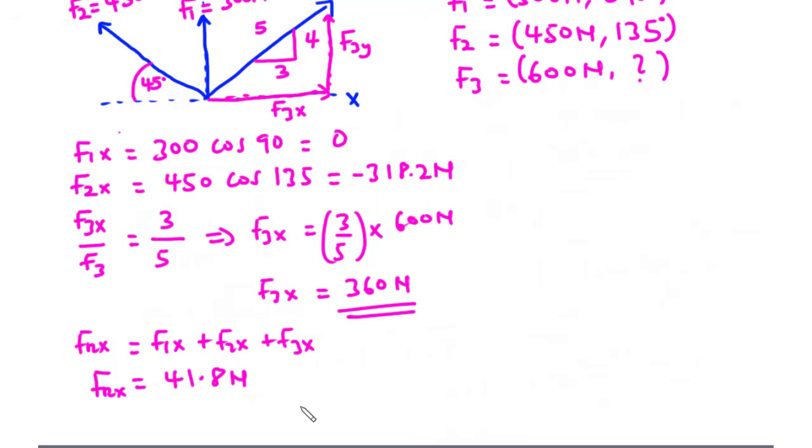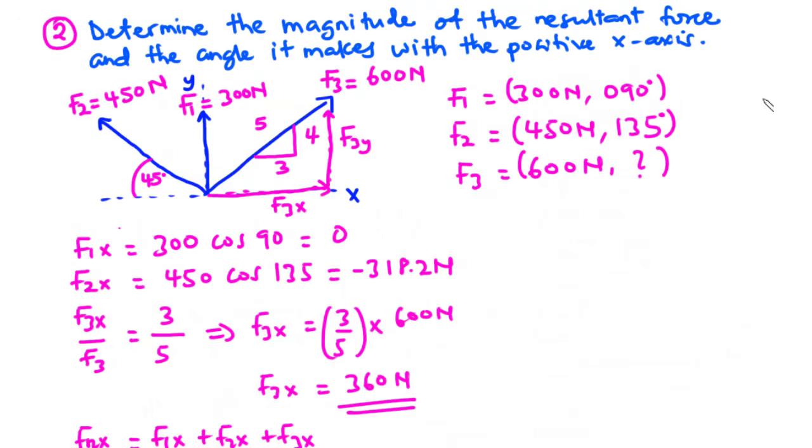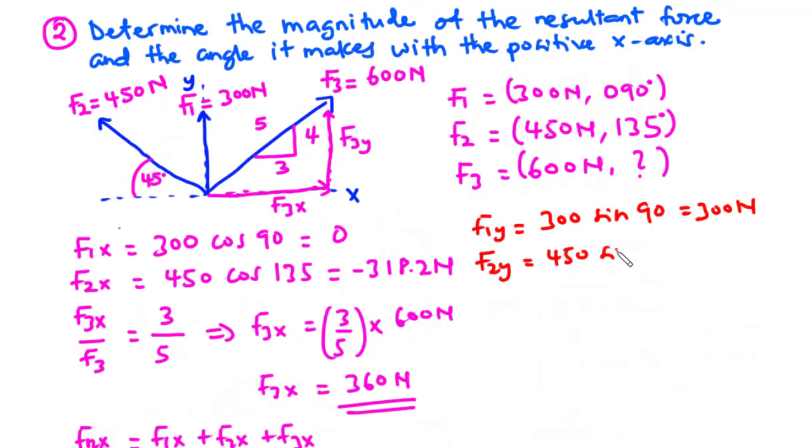So let's find Fry. Let's find F1y. F1y is equal to 300 sine 90, and that is equal to 300 newtons. And then we have F2y equals 450 sine 135, that is equal to 318.2 newtons.